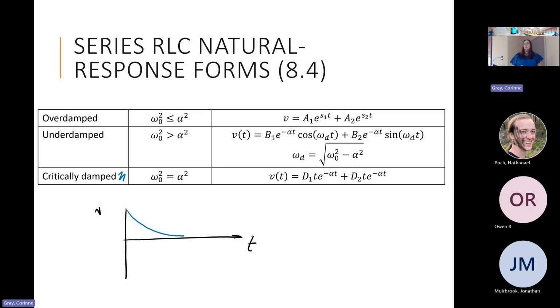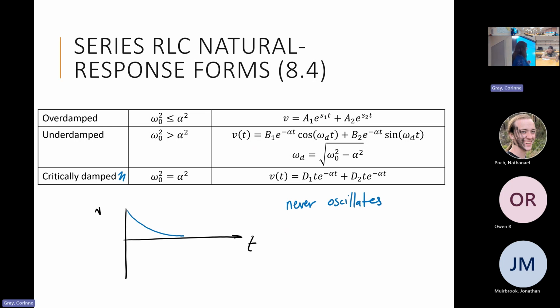It is never going to oscillate. It just starts at a positive or negative voltage and goes down to zero after some amount of time. No time constants here, but it would just go down like that. We can see that that's going to be the case based off of the two negative exponentials we have here.